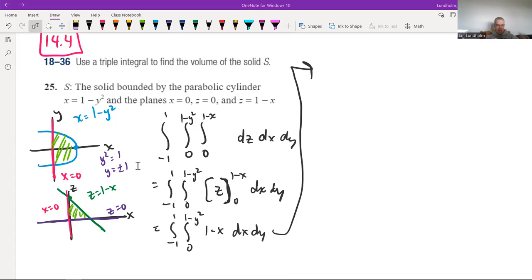Keep integrating, negative 1 to 1. When we integrate this, we'll have x minus 1/2 x squared, evaluated from 0 to 1 minus y squared, with the dy. Plugging in 1 minus y squared everywhere we see x.